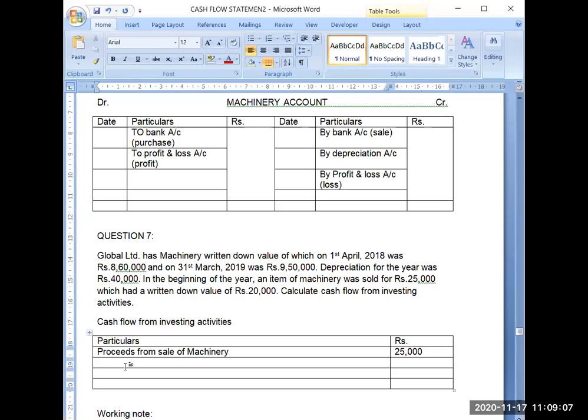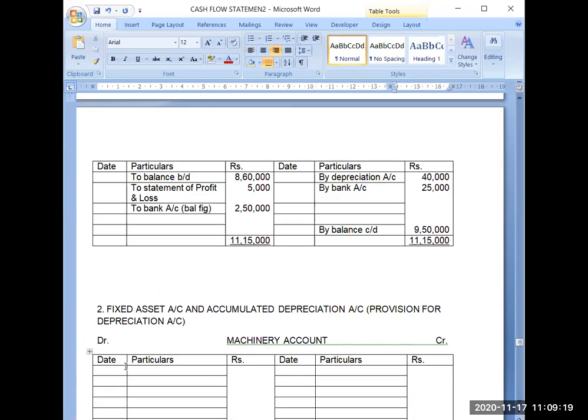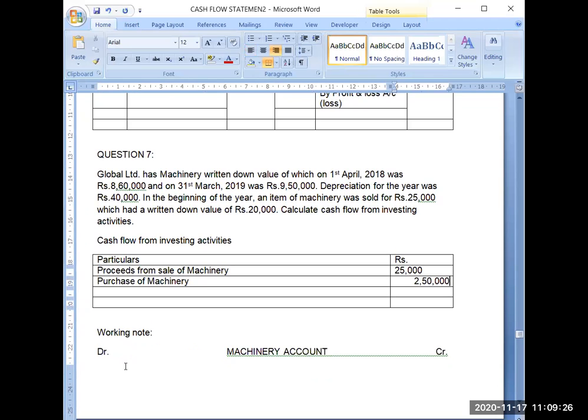And then purchase of machinery, this is an outflow. Purchase of machinery is 2,50,000. And because it is an outflow, it will be written in brackets, because it will be reducing our cash and cash equivalents.